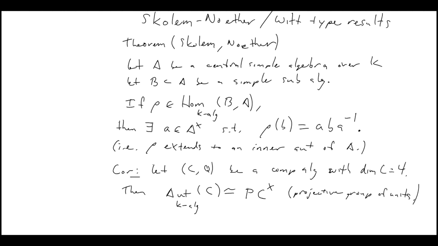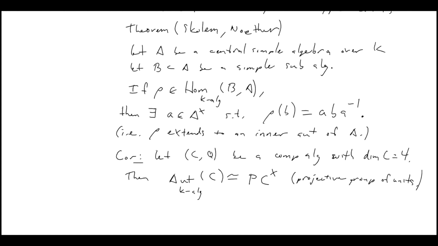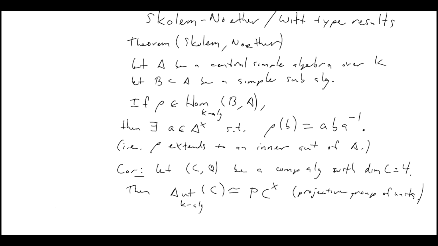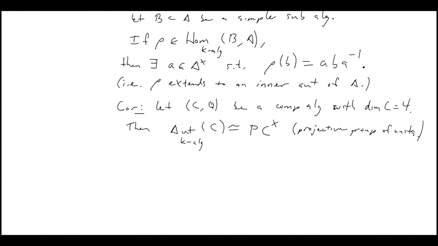One quaternion algebra is just the algebra of 2x2 matrices, so this is just saying that the automorphism group of 2x2 matrices is PGL2.